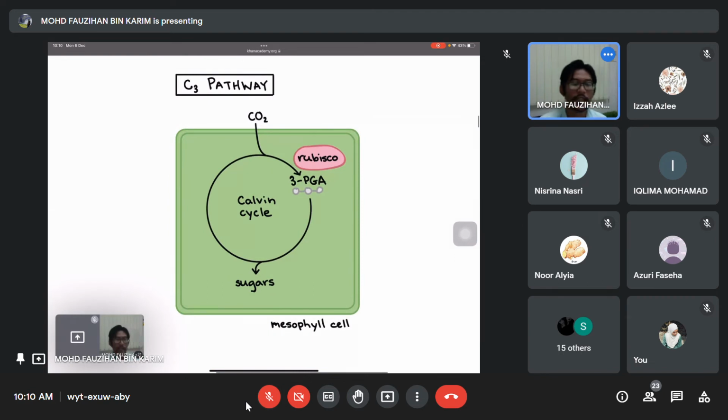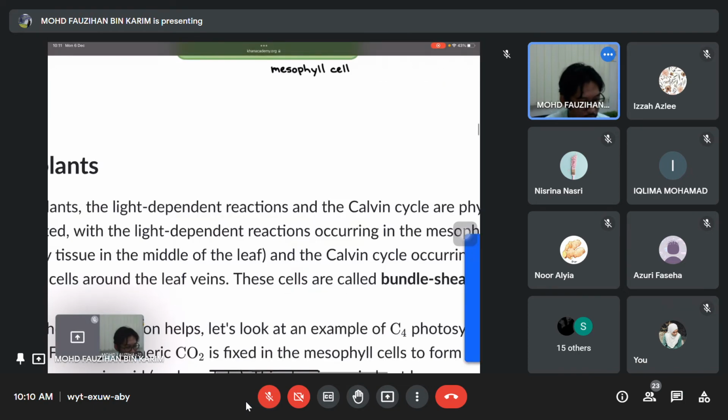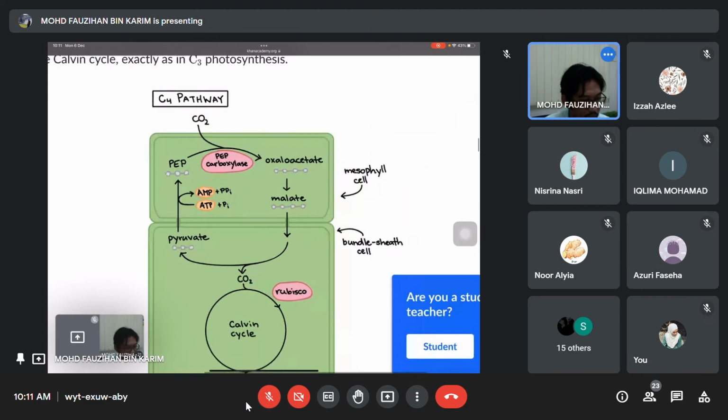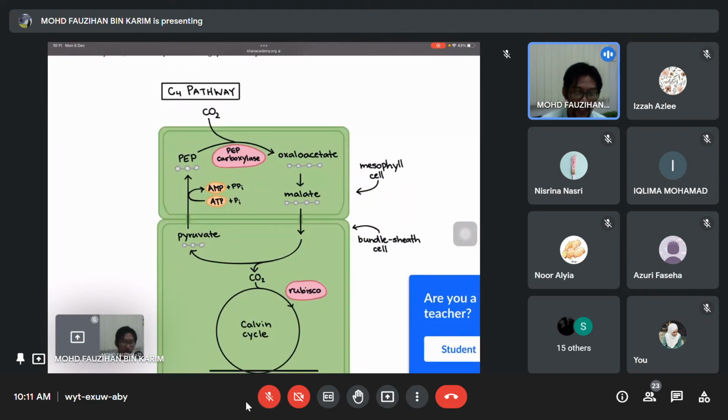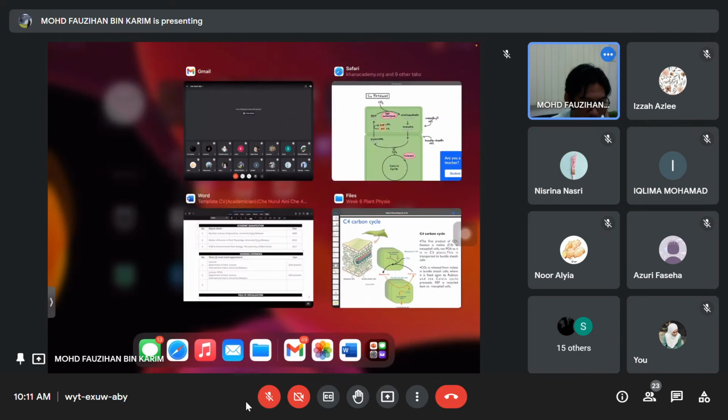All right, remember for the C4 plants there are two sections, mesophyll cells and bundle sheath cells. In the mesophyll cells there is a 3 carbon molecule we call phosphoenol pyruvate.